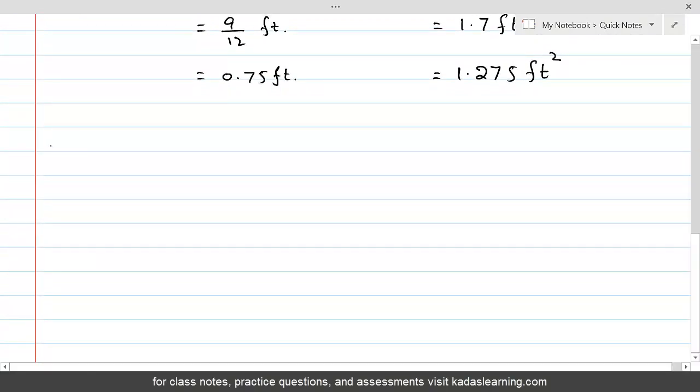So here question number 2 would be the volume of a box. The volume of a box is equal to, it's three-dimensional, so this must be equal to length times width times height.